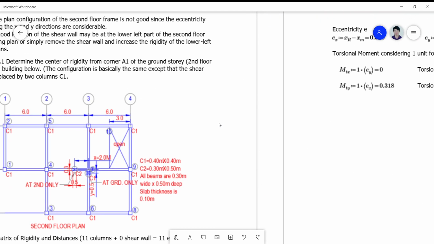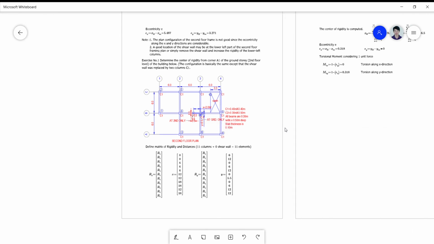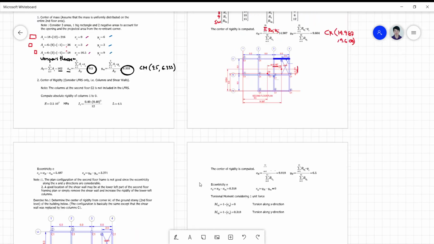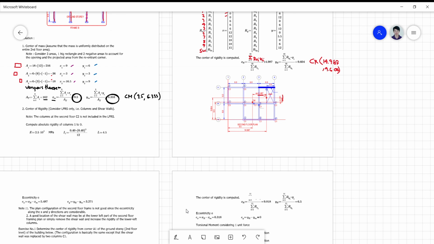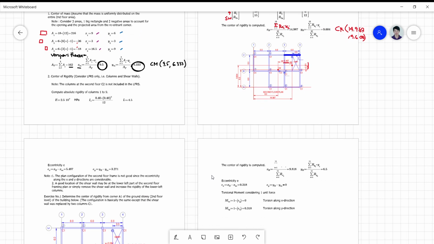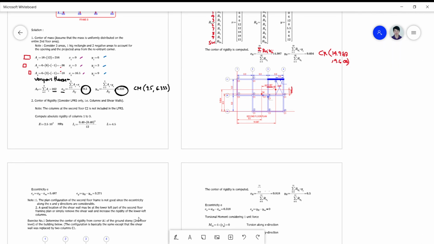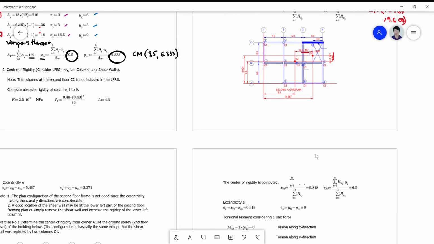Okay, so the torsional moment now is actually measured in terms of the torsional force, which is assumed to be 1.